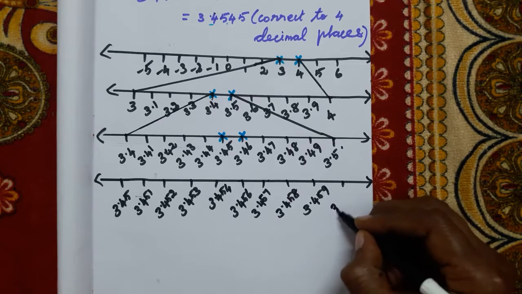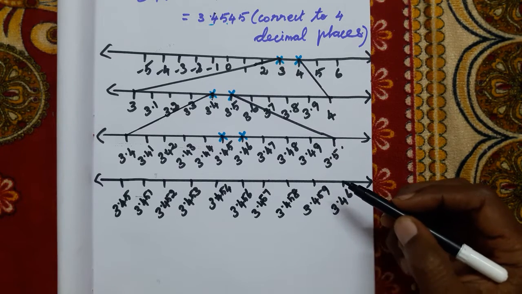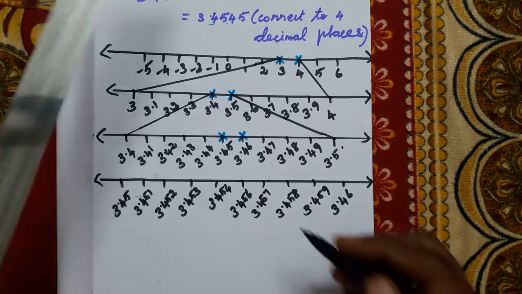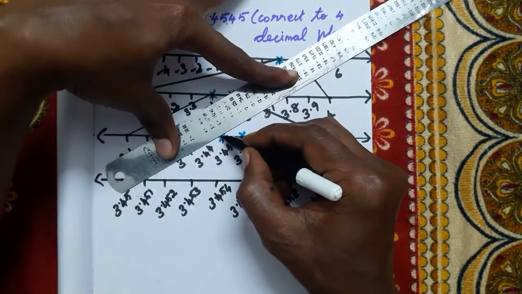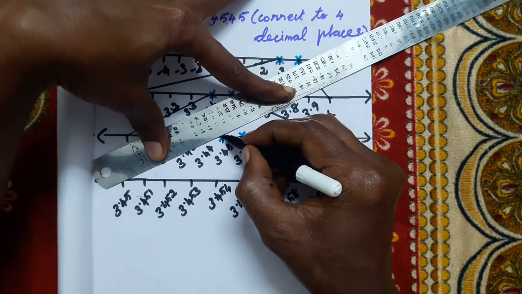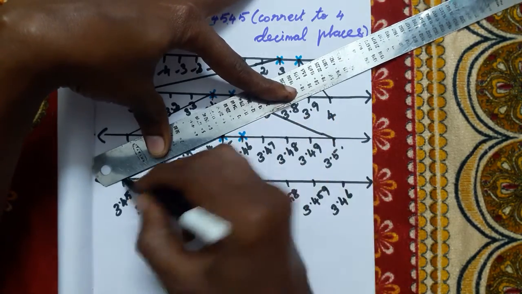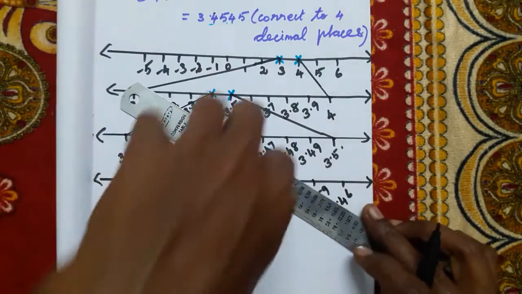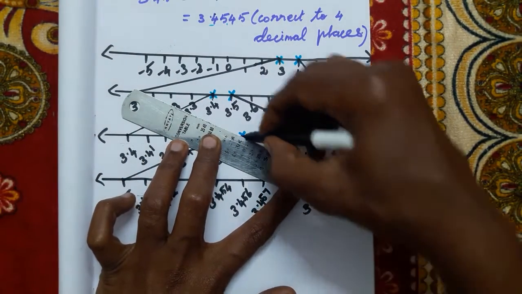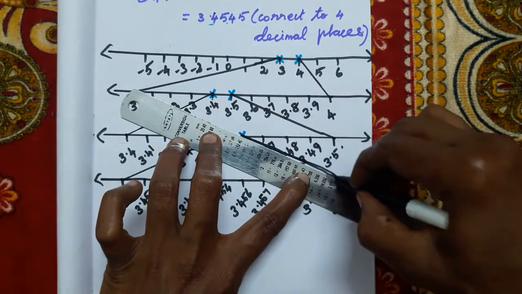Very good. Then what do we have to do? Join 3.45 to 3.45 and 3.46 to 3.46. Clear? Have you understood this?